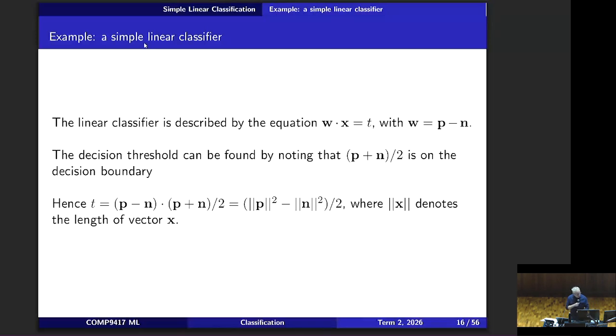And then the model we're going to get, which is the one I showed on the slide, is that the threshold will be equal to this expression here: the squared Euclidean norm of p minus the squared Euclidean norm of n, where those are the two centroids, and take the average, divide by 2. So where does this come from?